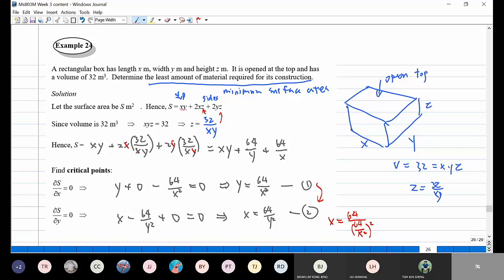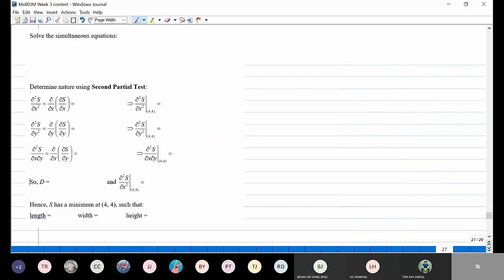So you end up solving this equation, 64 x over x to the power 4.